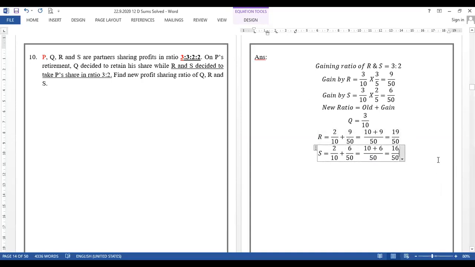Now the point is we are working on the new ratio, so I want to have the denominators equal. I can see 50 over here, I can see 50 over here, but this is 10 over here, right? So 10 has to be converted to 50 by multiplying by 5. So 5 3s are 15/50. So we have Q, R and S as the new partners. So the new ratio amongst these three will be 15:19:16. That's all.